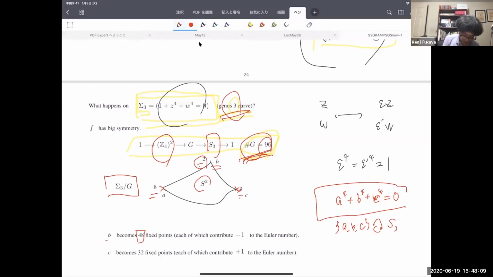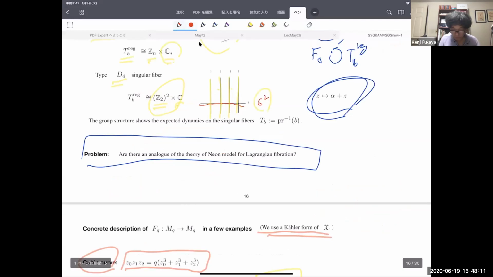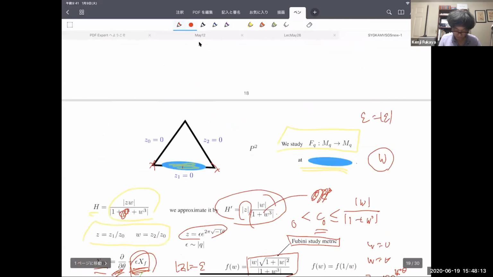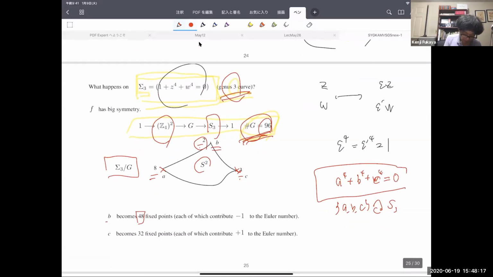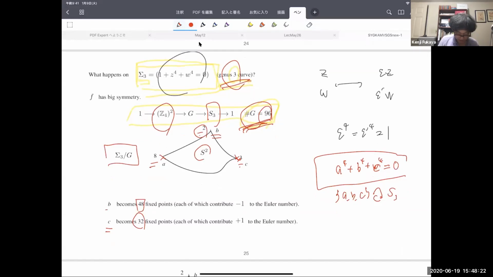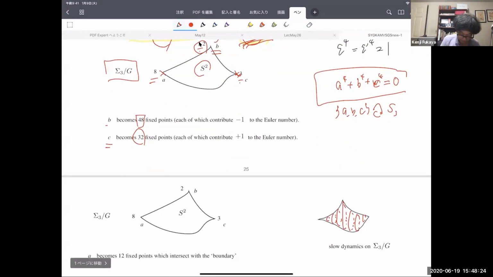And this C becomes 32 points, and this A becomes 12 points.